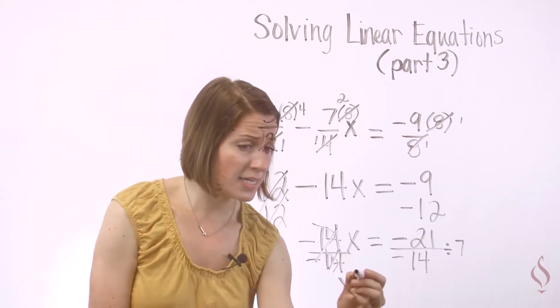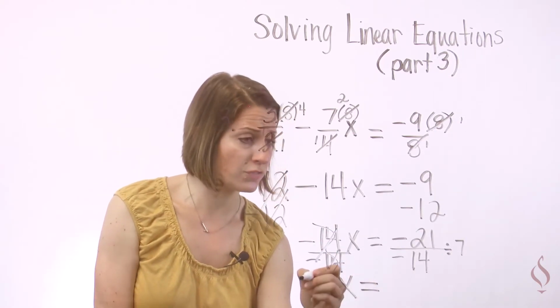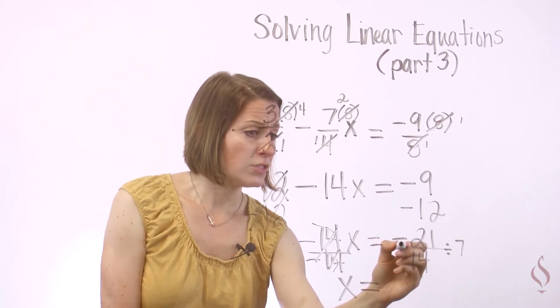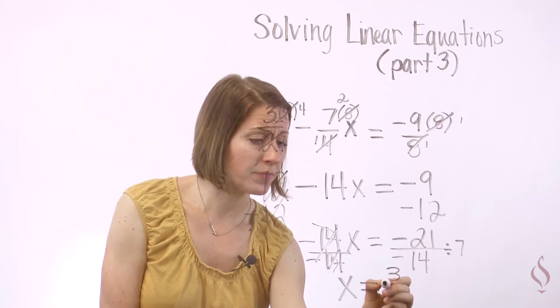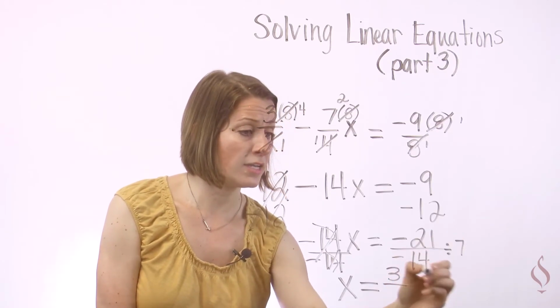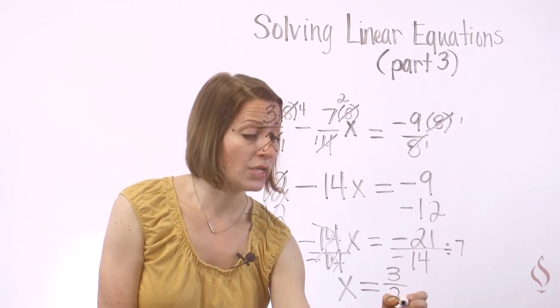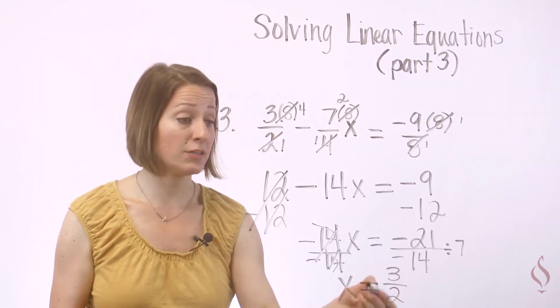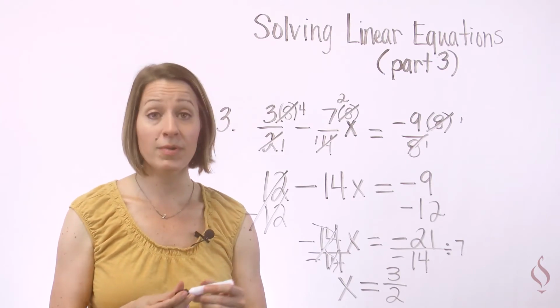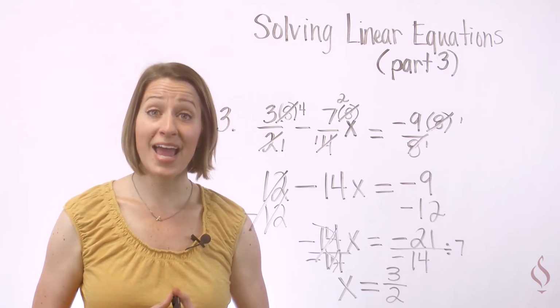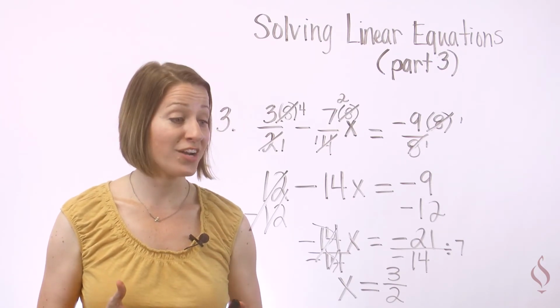So you need to take care of all of that before you put your final answer. So now we have 21 divided by 7 is 3, and 14 divided by 7 is 2. And again, it's going to stay positive because the negative divided by the negative. So with this problem, x equals 3/2, and that's your final answer.